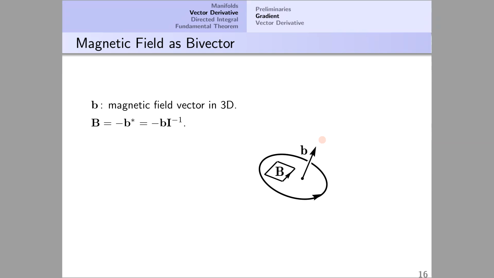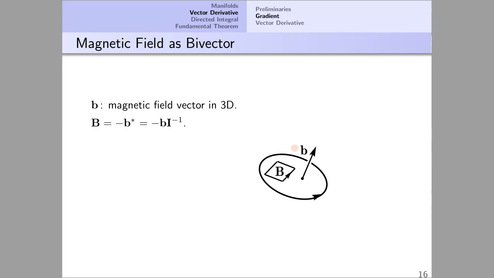The vector is orthogonal to the loop. Its direction is given by the right-hand rule. Wrap the fingers of your right hand around the loop in the direction of the current, and your thumb will point in the direction of B, little b.